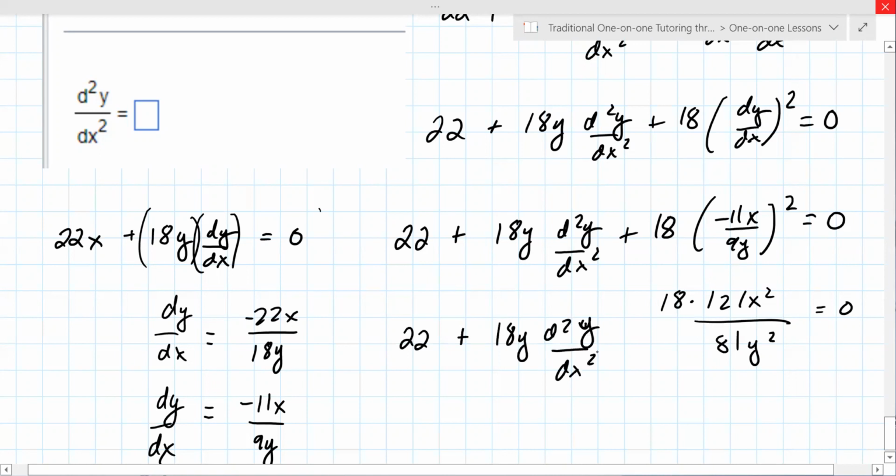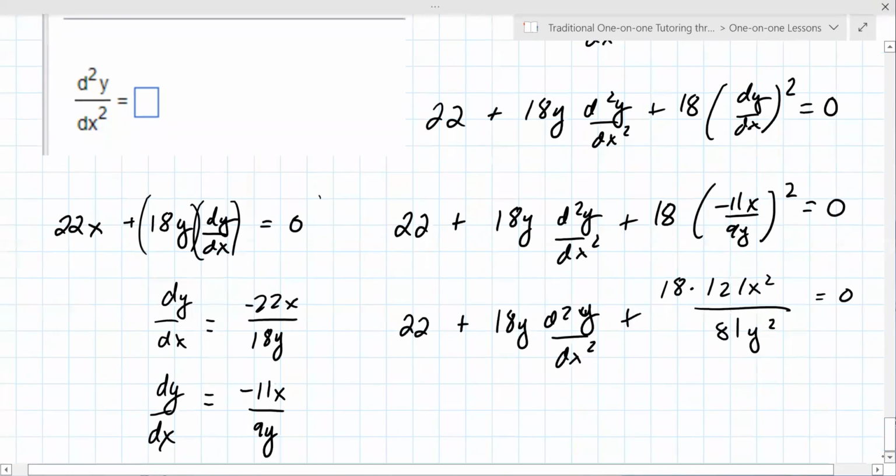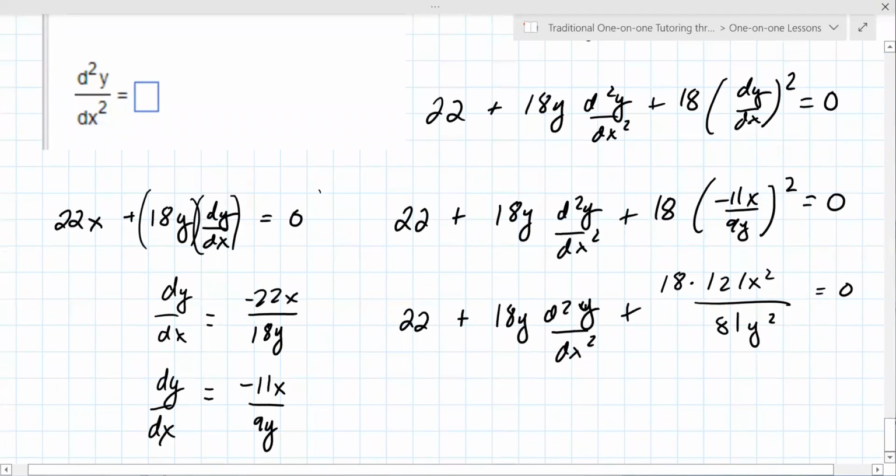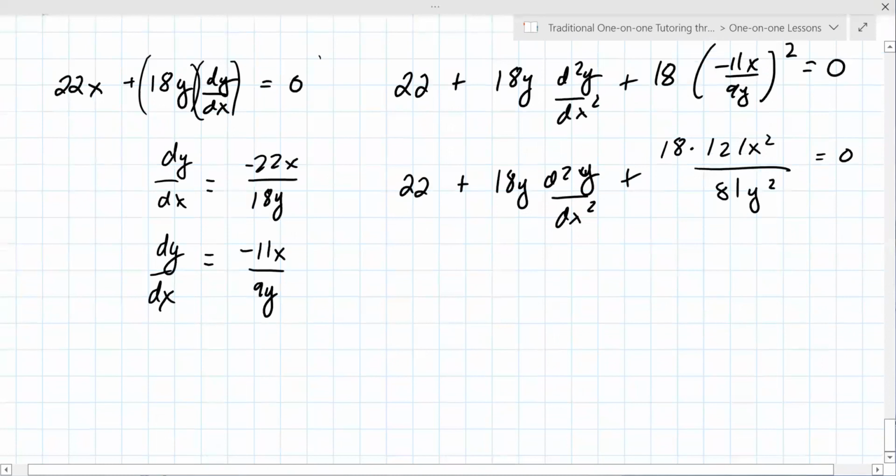And you might be wondering where we are going with all this. Well, you're solving for d squared y. And yeah, it's bad. It's really bad. So to get that, let me get this right here. So we got 18 times 121 over 81.